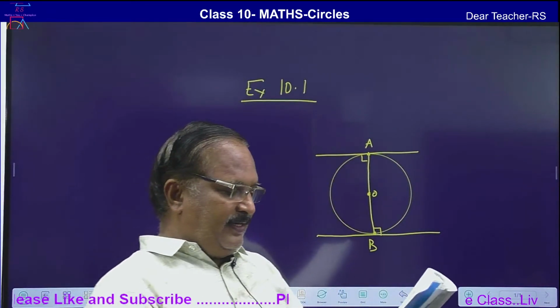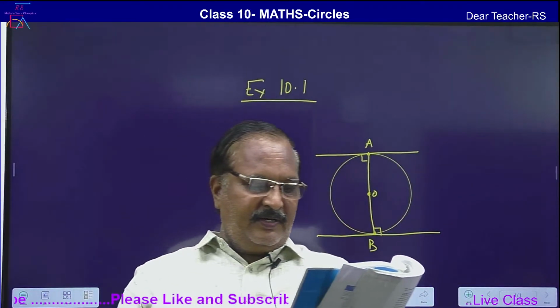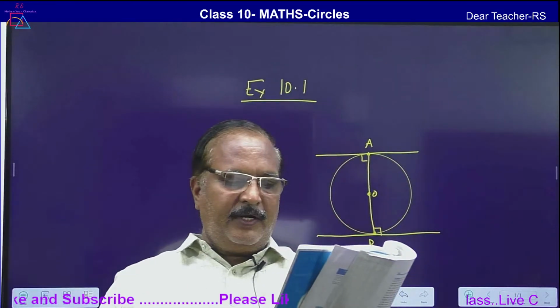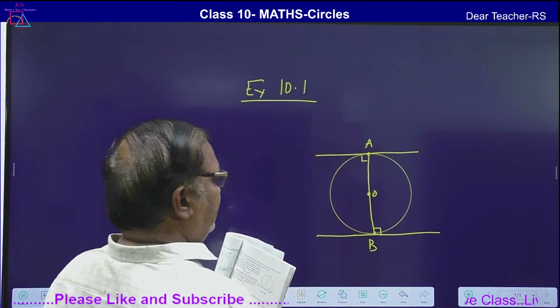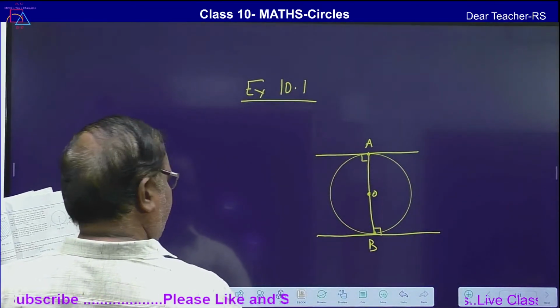Question number 3, multiple choice question. PQ is a tangent at a point P of a circle with radius. Let me take the same thing.